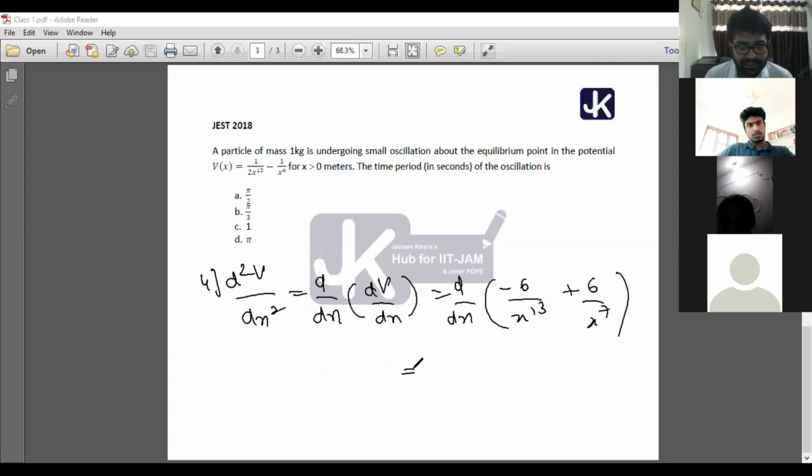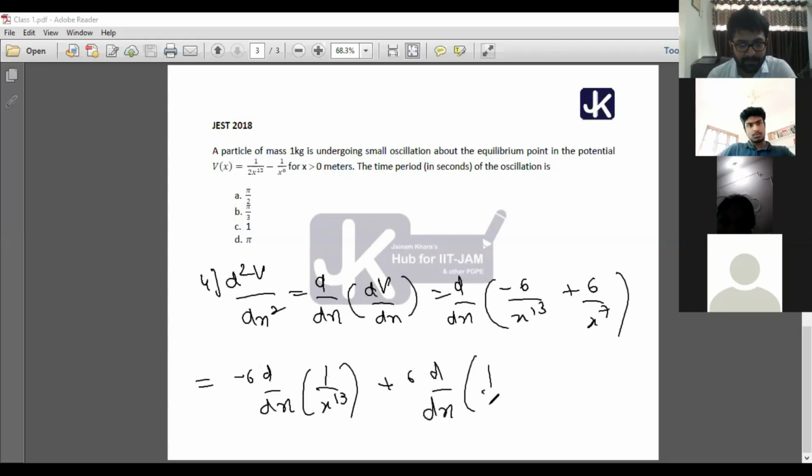Okay, so let's split them. So this is minus 6 d by dx of 1 upon x raised to 13 plus 6 d by dx of 1 upon x raised to 7. So this will be equal to minus 6 into, what is the derivative of 1 upon x raised to 13?